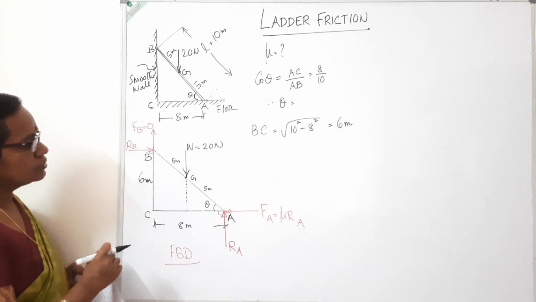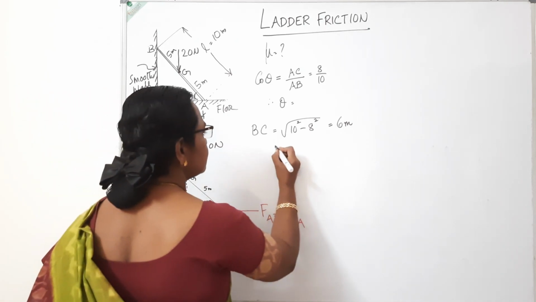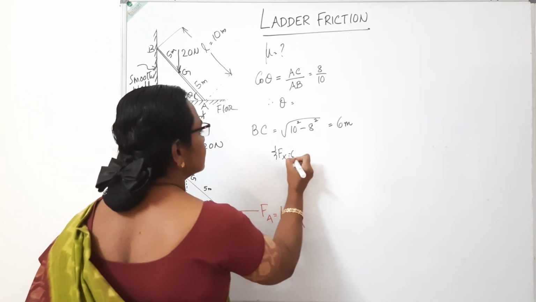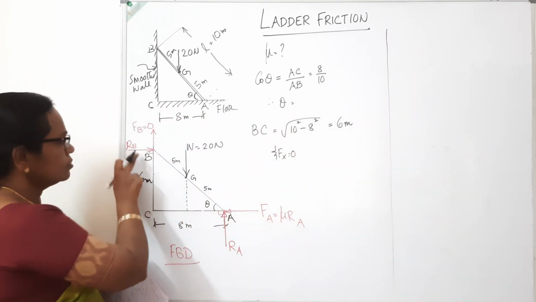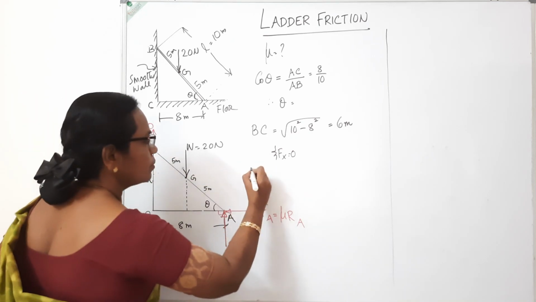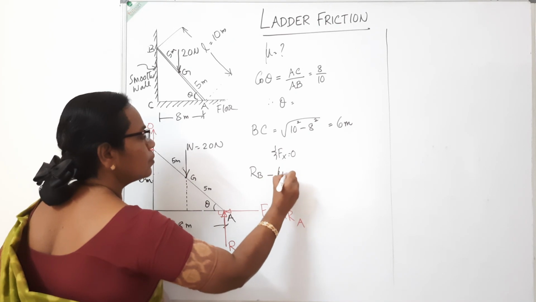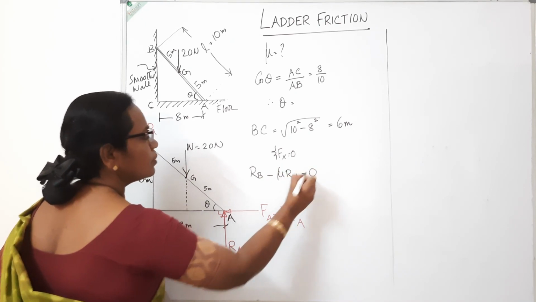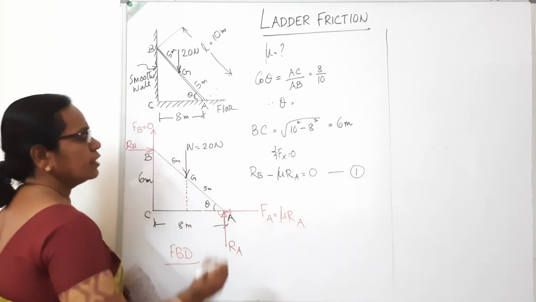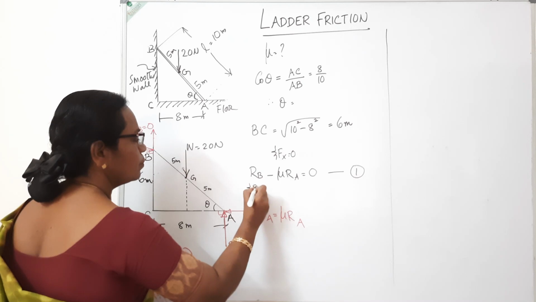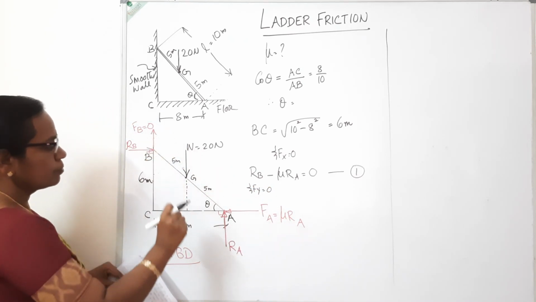Okay. Next we write down sigma Fx is equal to 0. What are the horizontal forces? RB acting towards right. RB minus mu RA is equal to 0. Equation 1. Next, you write sigma Fy is equal to 0. Sigma Fy, this FB is 0.